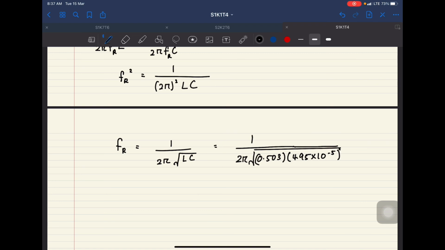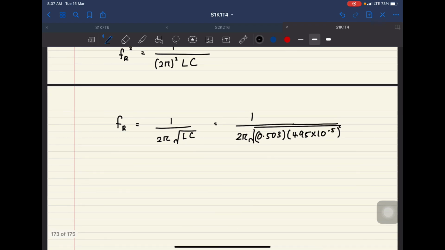You don't have to derive it every single time. Okay, I got here 31.896. So frequency, if I round it off, then it becomes 31.90 hertz.